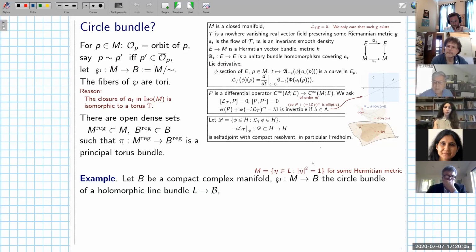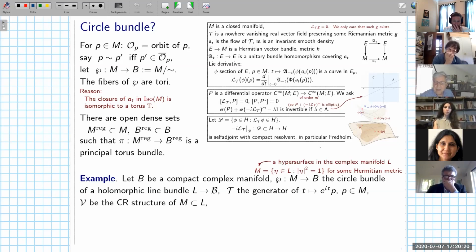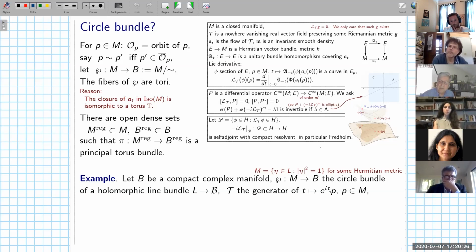I look at the unit circles, and then I get a submanifold of the ambient manifold L. Okay. I can make T be the generator of the action of multiplication by e to the IT. So this is multiplication in the fiber, in the circle variable. Okay. So that would be the vector field.